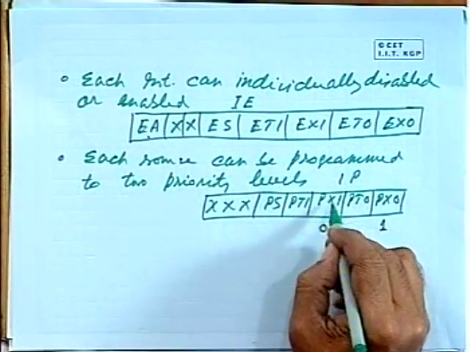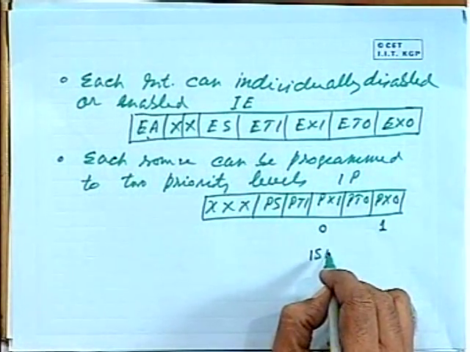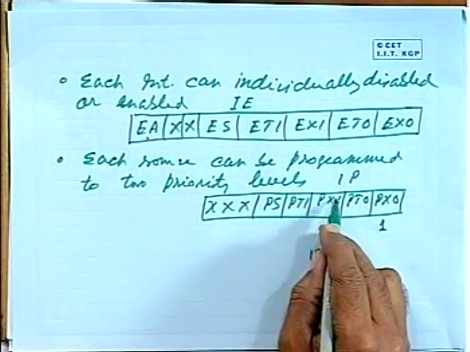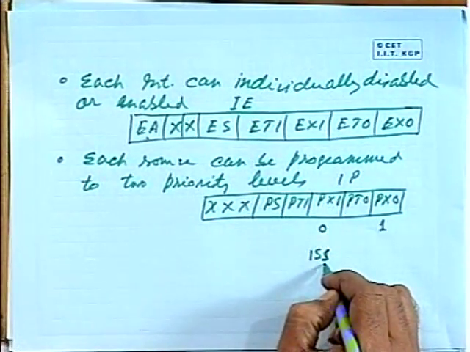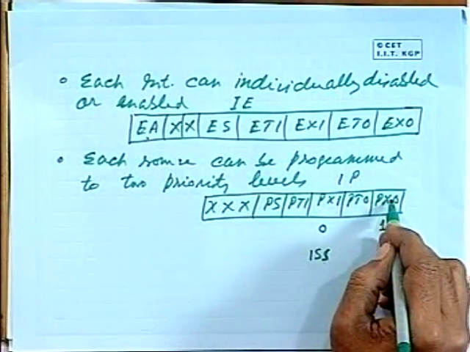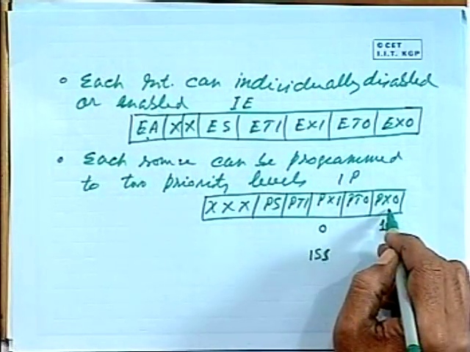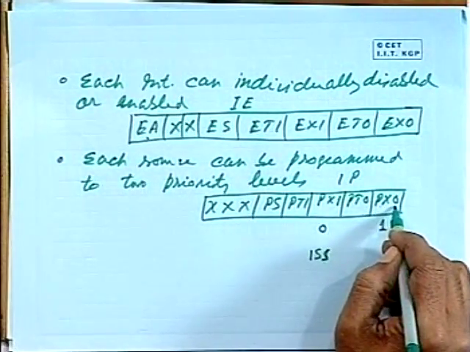Whenever the interrupt service subroutine of external interrupt 1 is in execution, and if this interrupt occurs, then it will be accepted and it will jump to the interrupt service subroutine for external interrupt 0.